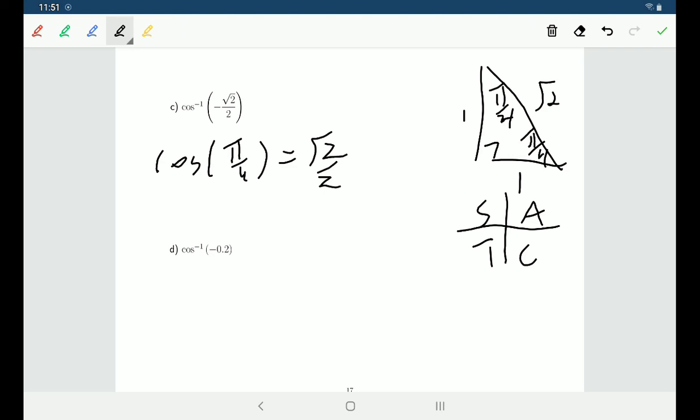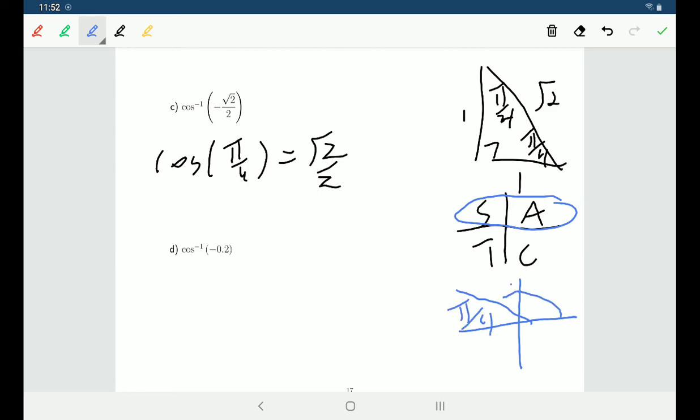And we remember that for the cosine function, we restricted its domain to quadrants 1 and 2. Quadrant 1, that's where it's positive. Quadrant 2, that's where it's negative, which means the angle that we're talking about will be in quadrant 2. The reference angle will be pi over 4.